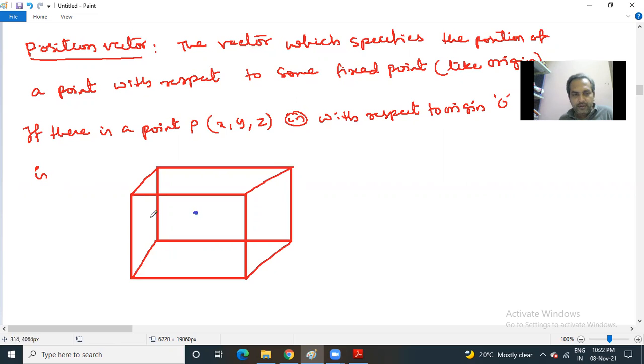Now you can understand that suppose this is the origin, it is a point P, it is in connection with x-axis, with y-axis, and even with z-axis also, which comes towards us.